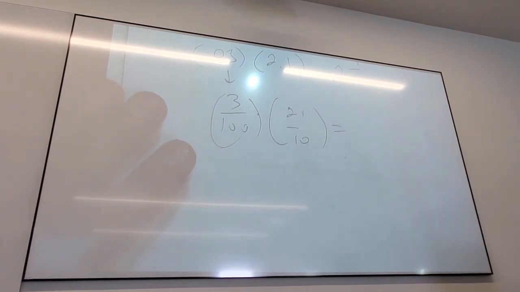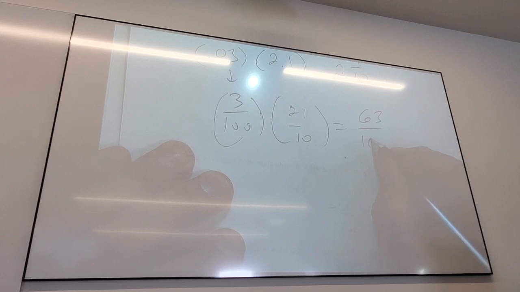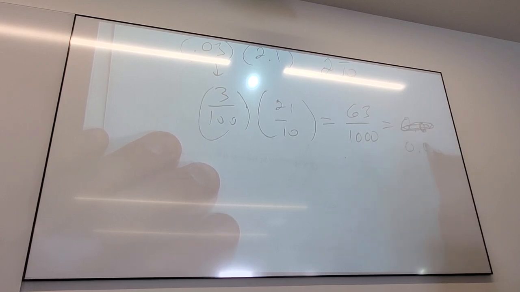Don't change anything. Remember, when I multiply or divide, I don't need like terms. In fact, that's kind of the opposite of what I want, to cancel stuff. But here I can't cancel anything, so I just get 63 over 1,000, which would be 0.063.